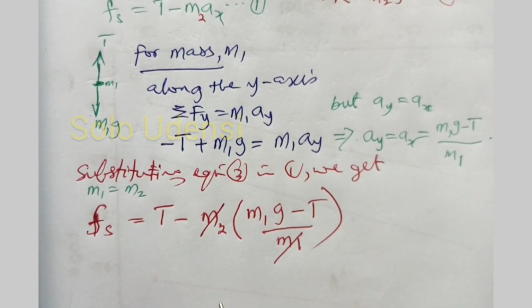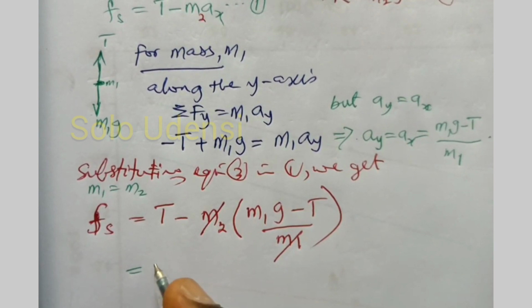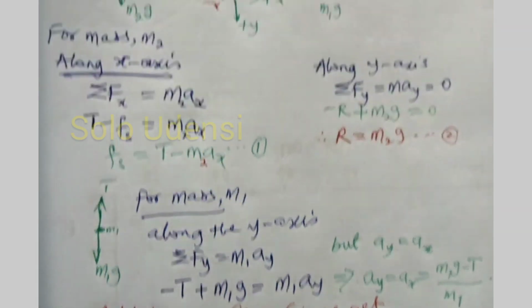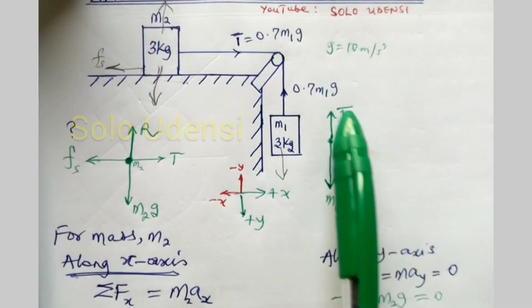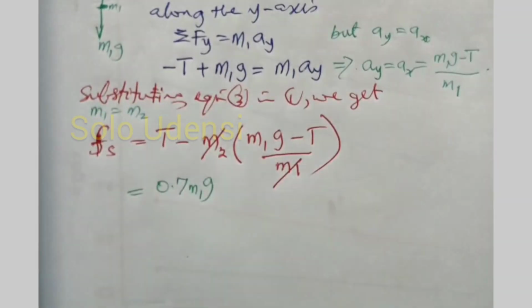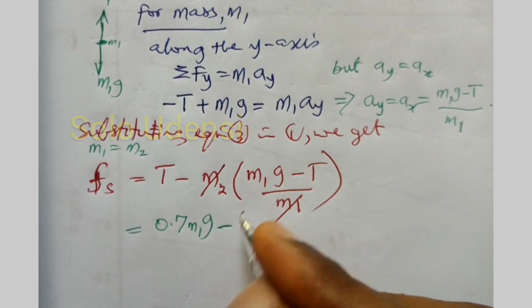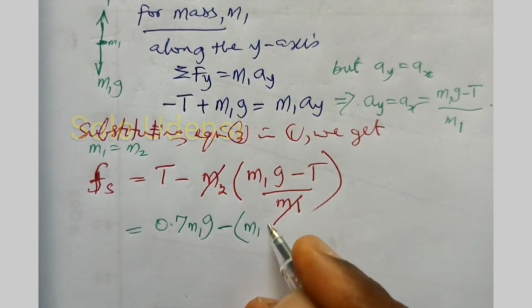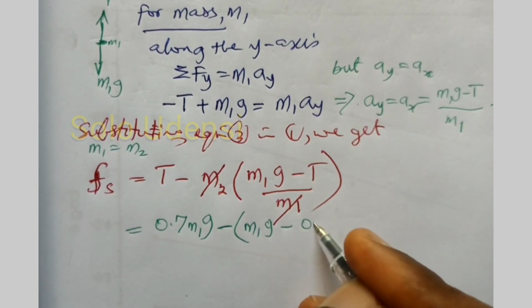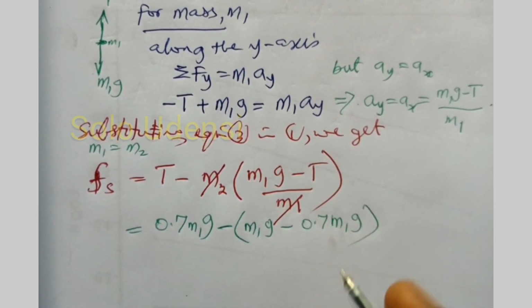Now what we will do is to substitute T. We were given that T is equal to 0.7 g. So we substitute in the equation and we get 0.7 m1g minus, m1g minus 0.7 m1g.